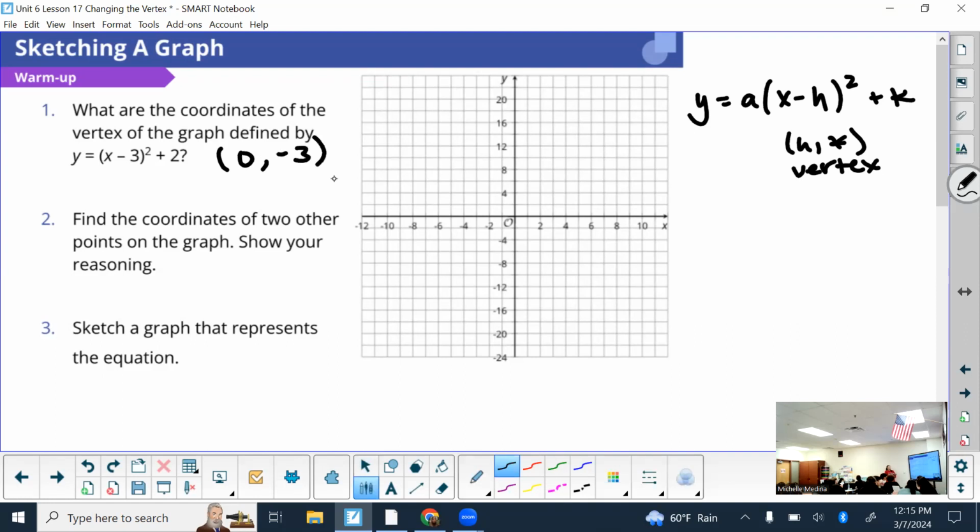Okay, class, what do you think? (3, 2). (3, 2) is what it actually is. But do you see the 3 and 2 in the equation? Yeah, I actually did. So that's what you should easily see from vertex form. You shouldn't have to do any calculating. It's just there.